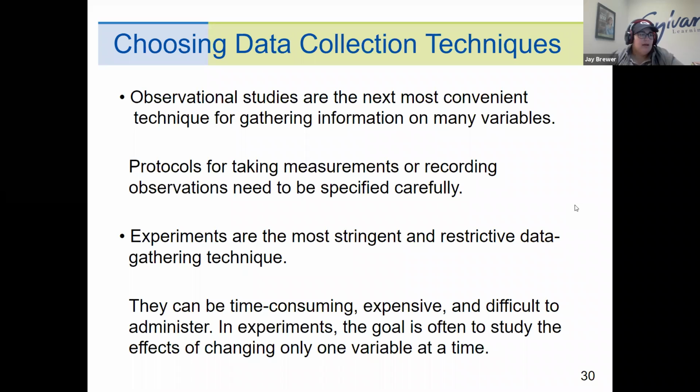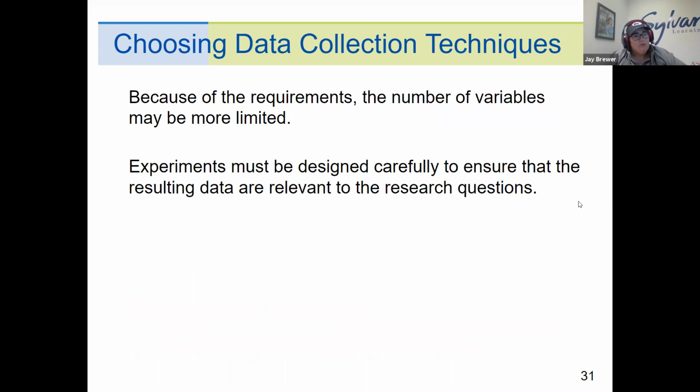So all of that information you would get in the future. But hopefully you would take all this knowledge with you and you will seem really, really smart when you talk about it. Because of the requirements, the number of variables may be more limited. Experiments can be designed carefully to ensure that the resulting data are relevant to the research questions.